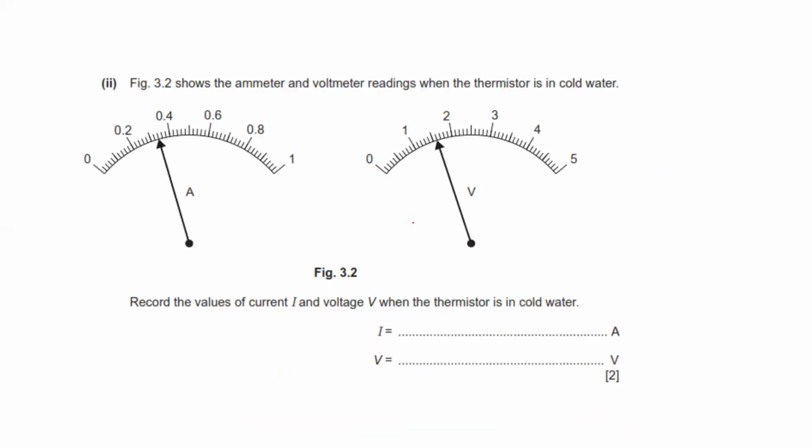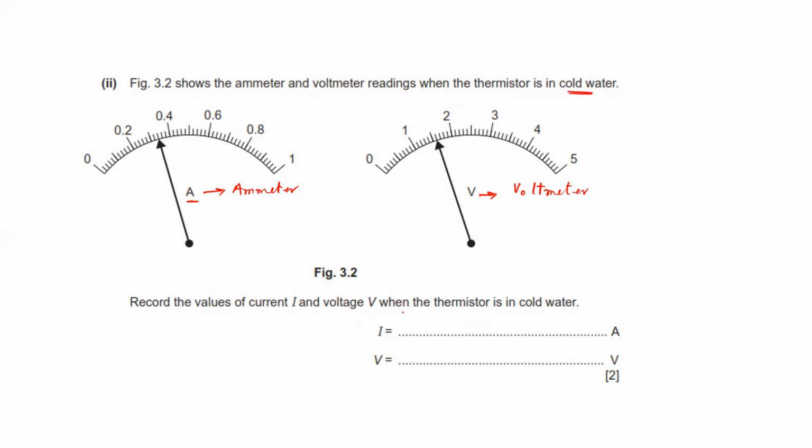The ammeter is in series. The voltmeter is always connected in parallel wherever you have to measure the voltage. So this is how it is connected. Okay, next part. Part A, part 2 says figure 3.2 shows ammeter. This is A, the ammeter, and it measures current. This is V, the voltmeter, and the voltmeter measures the voltage. It shows the ammeter and voltmeter readings when the thermistor is in cold water. So remember, these readings are of cold water.